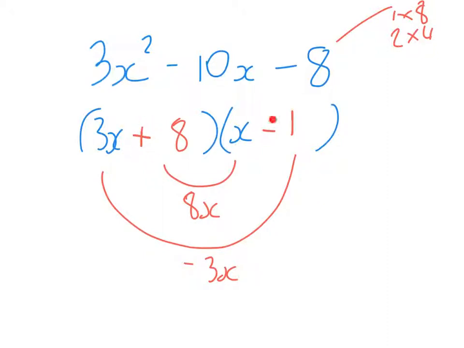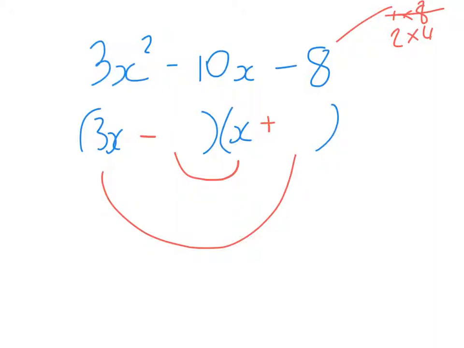So this will become a minus, and this will become a plus. Okay, so now minus 8 times x is minus 8x. And 3x by 1 is 3x. Minus 8x plus 3x is minus 5x, which is not minus 10x. So 1 times 8 is not going to work in any way.